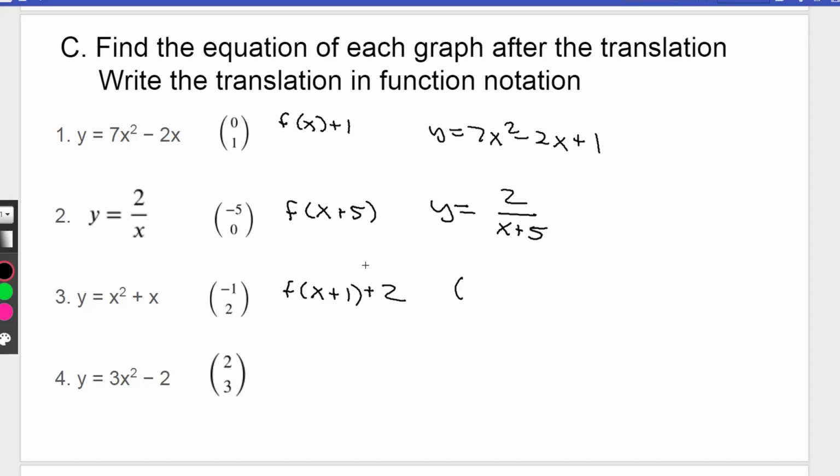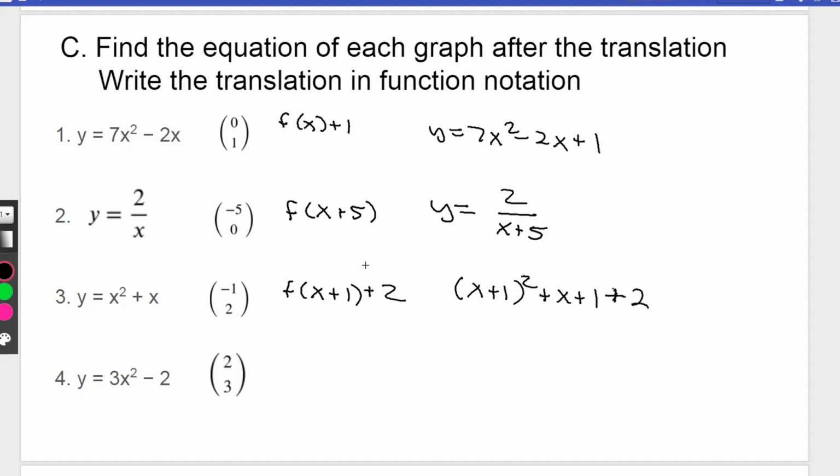So it's going to be x plus 1 squared instead of just x. I'm going to think of it this way if you want. Replace every x with an x plus 1. So now it's not x, it's x plus 1. Still has to be squared. Replace this x with an x plus 1. Now, I got to add a 2 to the end.